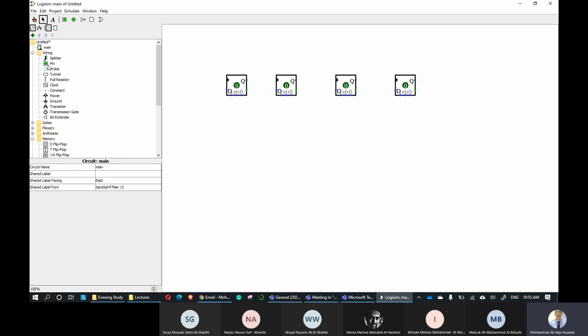So I'll use regular input like this one, 0 and 1. I'll connect them now. So this is the clock pulse.